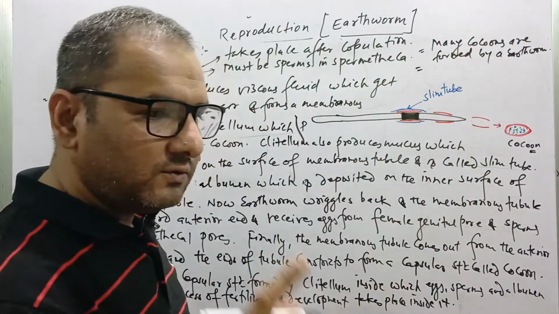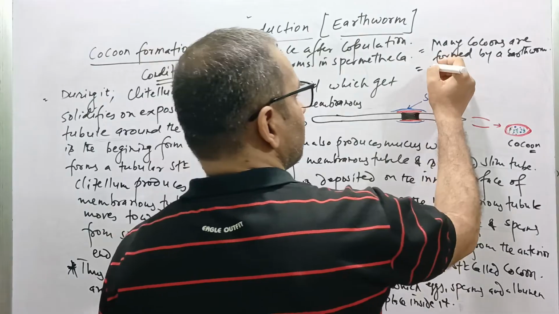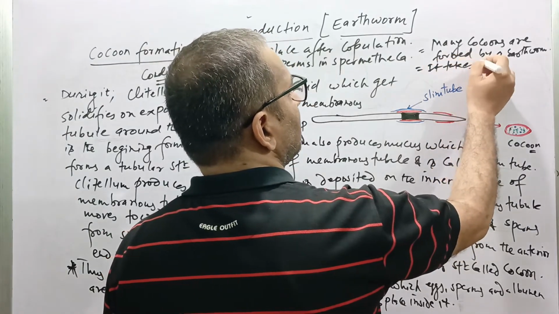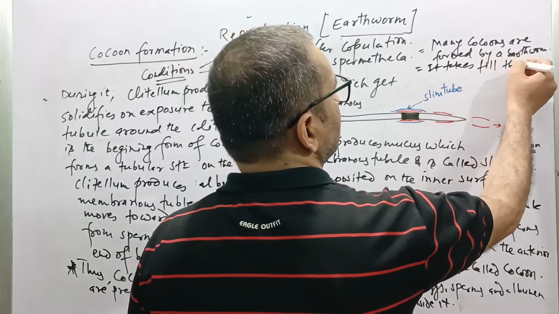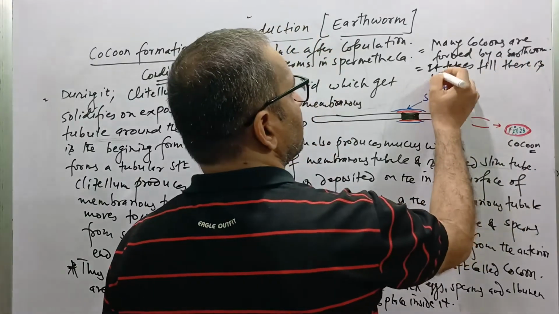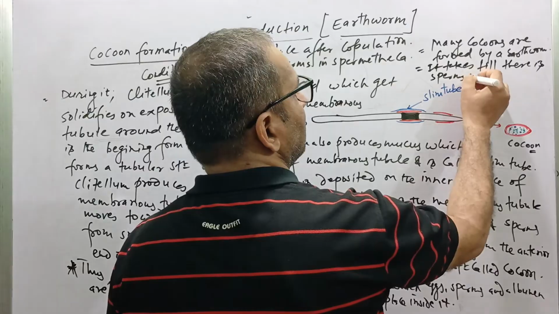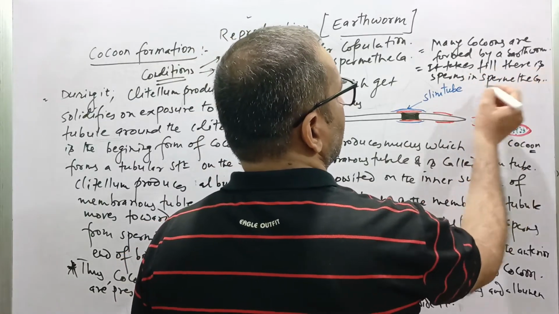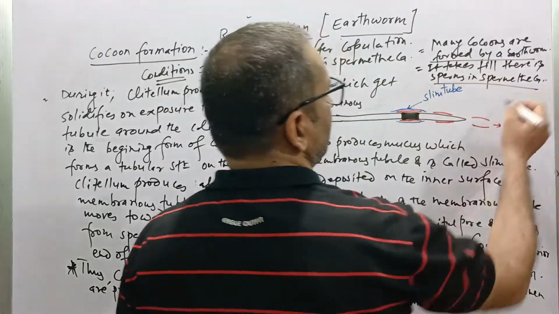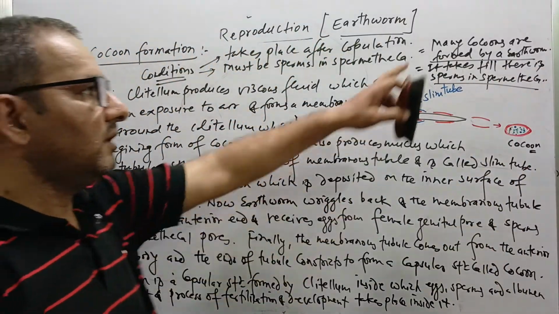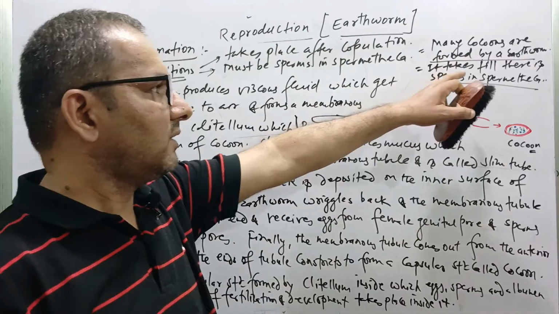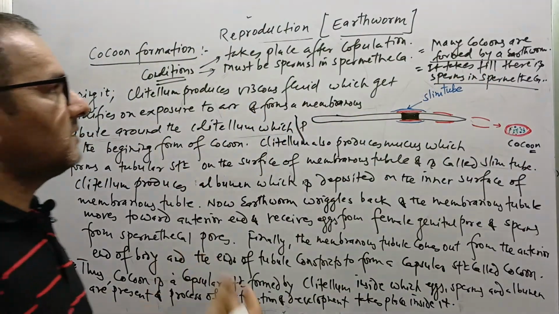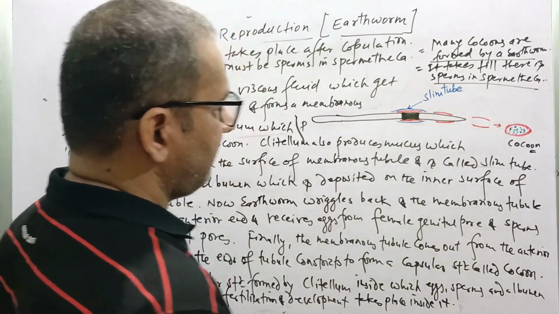The process continues as long as there is presence of sperm in the spermatheca. So, these two are the other things which we have to know. Many cocoons are formed and it continues till there are sperms in the spermatheca. So, this is about the cocoon formation.